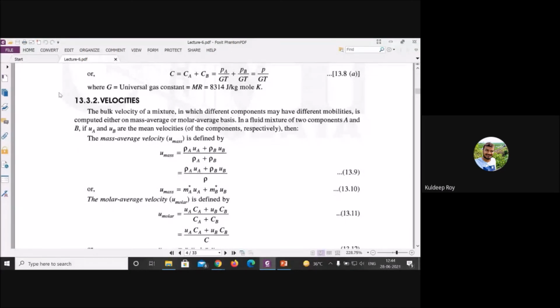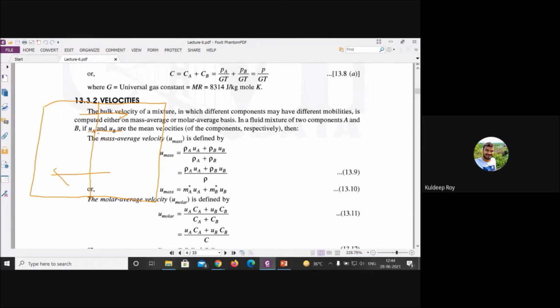Same thing, velocity. Why velocity? If you have one chamber, liquid will flow, or the concentration gradient will occur from this direction to this direction. So there will be some kind of species velocity, meaning one species will flow from this direction to this direction, because definitely they will have some kind of velocity.